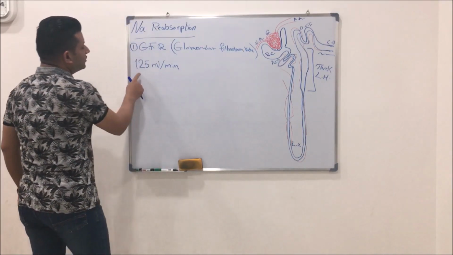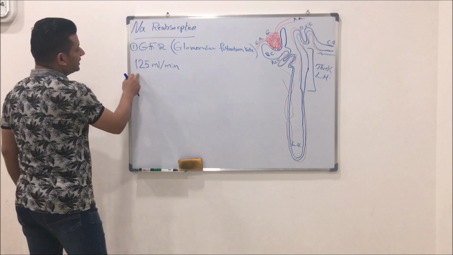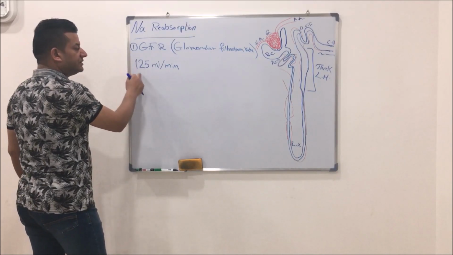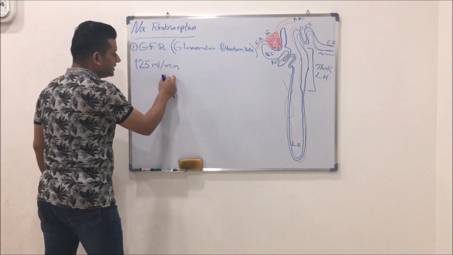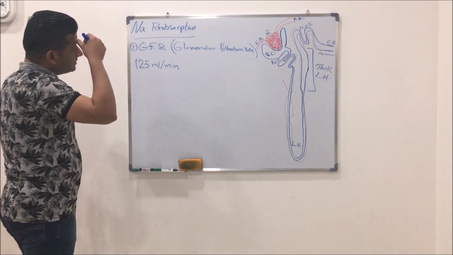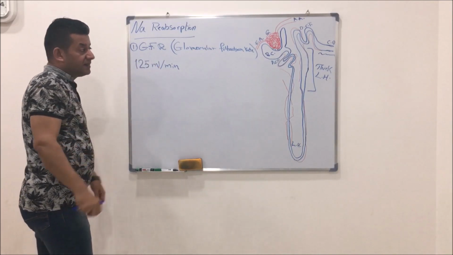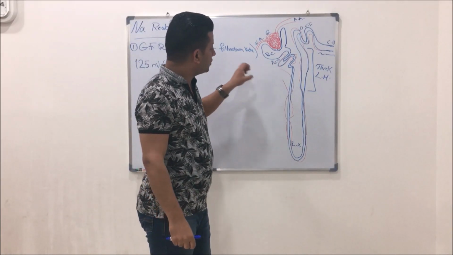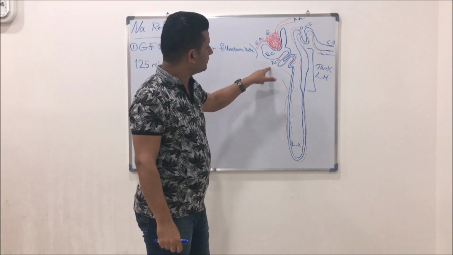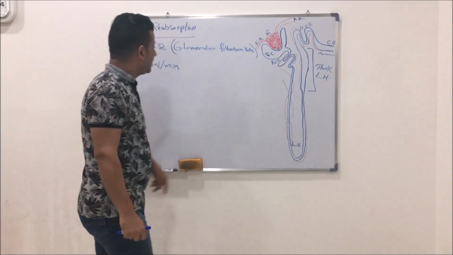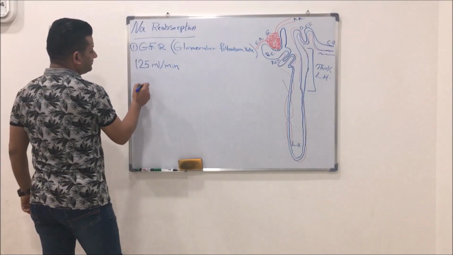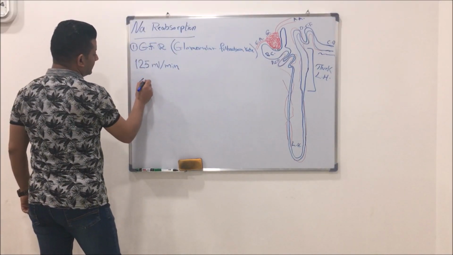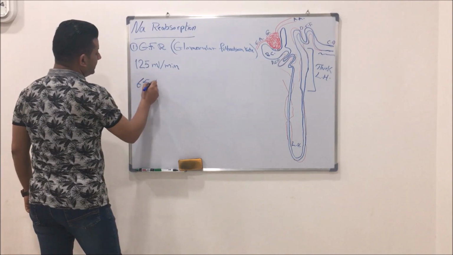The normal GFR is about 125 ml per minute, and the reabsorption rate of sodium in the proximal convoluted tubule is about 65%.